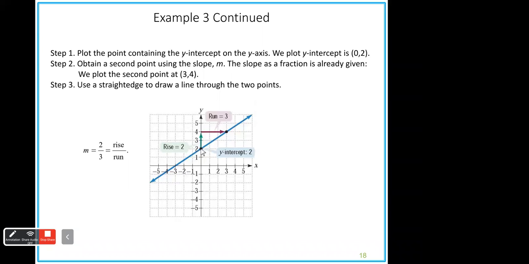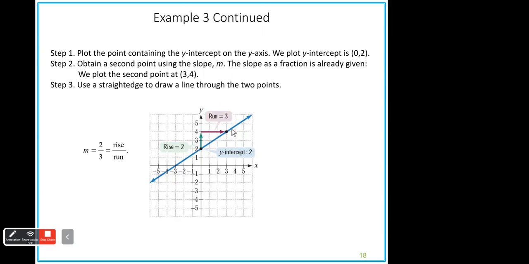So the other point would be, you'd have to rise 2 and run 3. So if you rise 2, you're going to go up, starting here, 1, 2, and then 1, 2, 3. So that's our second point.